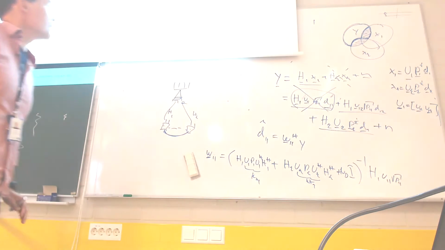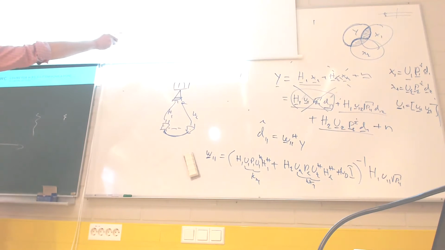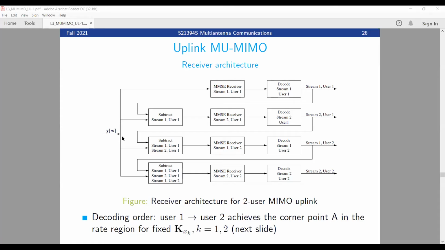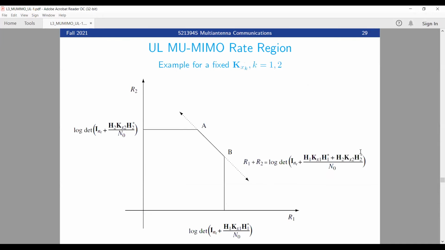We discussed that if the transmit covariance matrices are fixed, it's still a pentagon, right? We have to compute these 3 rate constraints for a fixed pair of transmit covariance matrices, 1 and 2. So we have 3 constraints. We have the single user bound for user 2.